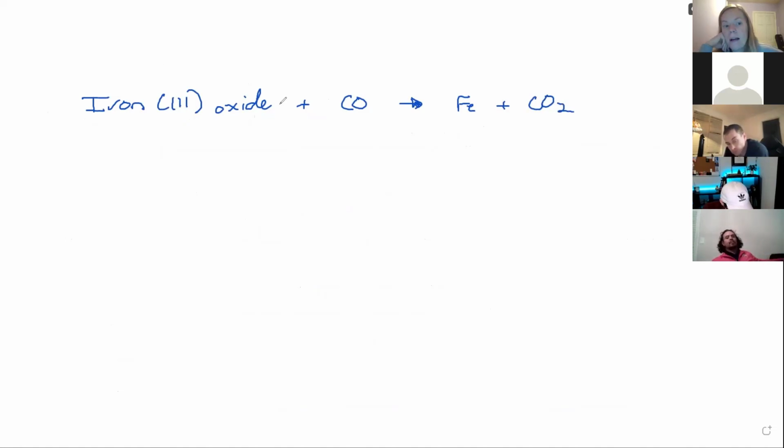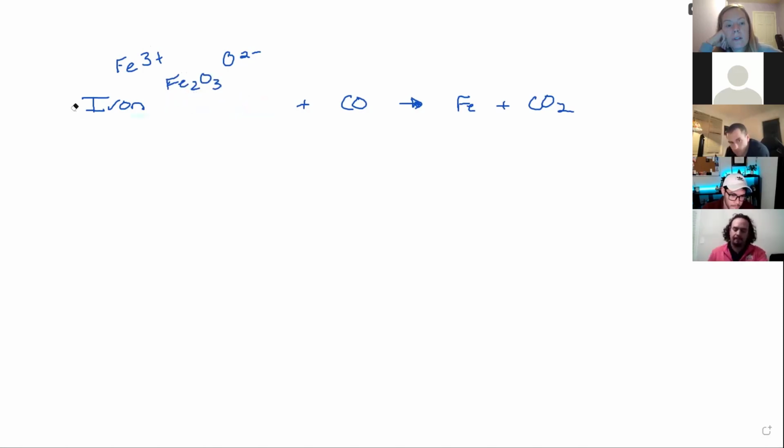I've got to figure out what my iron 3 oxide is. Iron 3 means that we have Fe with a 3+ charge. Oxygen will always be a 2-, flip-flop. We get Fe2O3. That should be this first guy here.